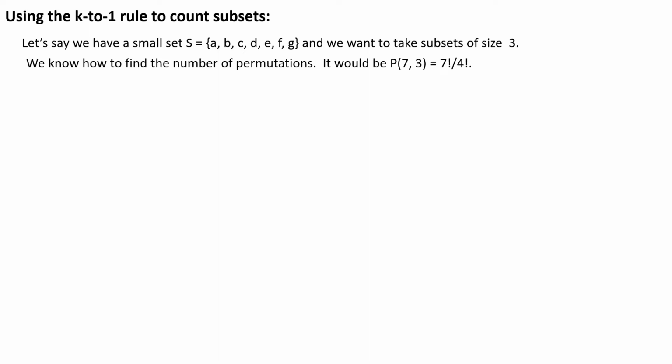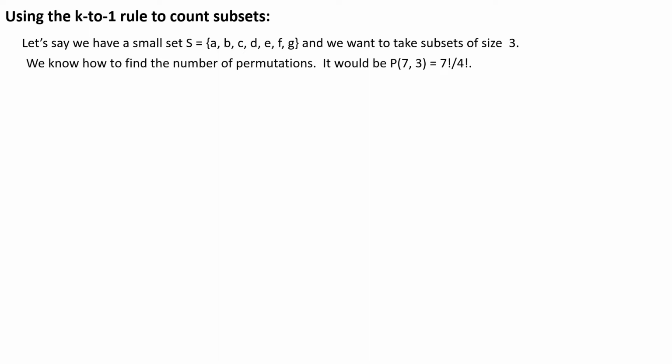We learned that rule, and remember that permutation rule would be taking 7 things 3 at a time, right? So if we were looking at permutations, then we would be doing a permutation of 7 things 3 at a time, which would be what you see over here at the right, 7 factorial divided by 4 factorial, right?